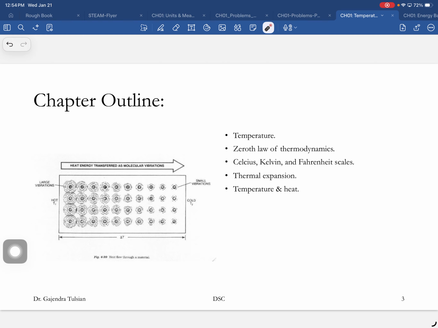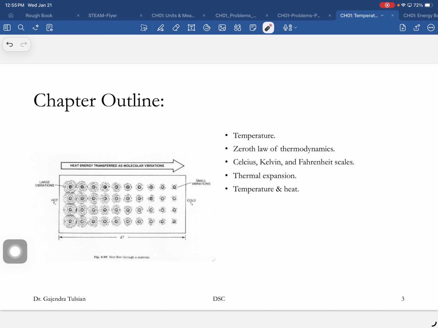If I raise the temperature of this table, the average kinetic energy of the particles in there increases, and its dimensions also increase, ever so slightly. But that will matter in practical situations, so we'll talk about thermal expansion, and then we'll talk about heat as a form of energy.